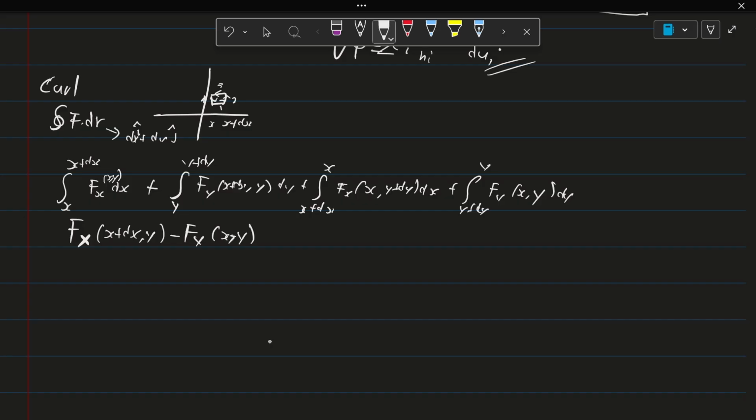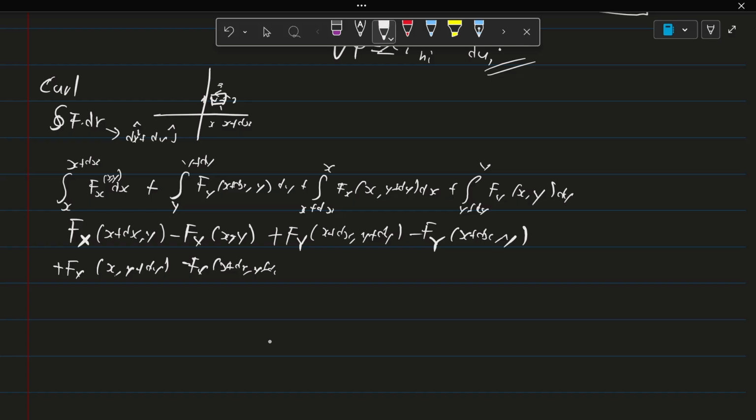And then if you do it for all of the components, we would have big FY of x plus dx, y plus dy minus big FY of x plus dx point y, and then you add this with big FX of x point y plus dy, subtract this by big FX of x plus dx point y plus dy.